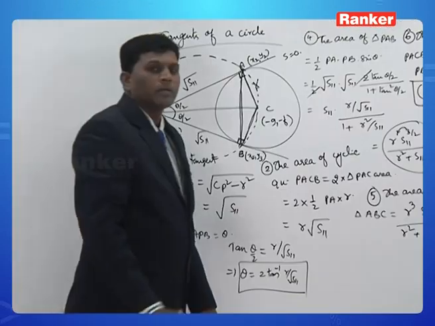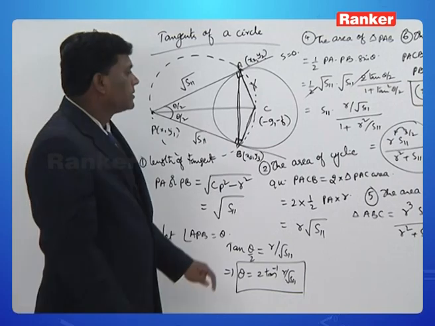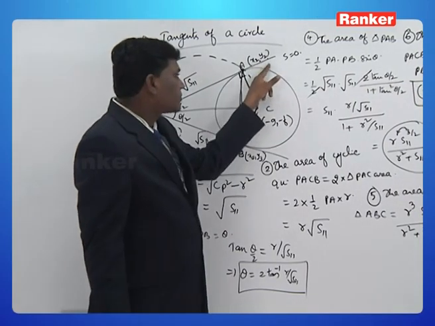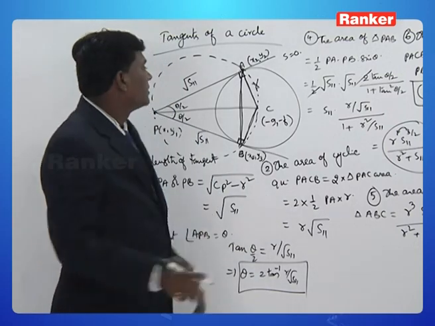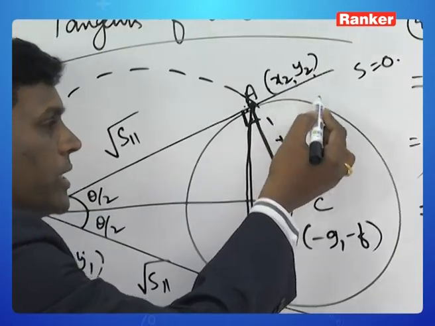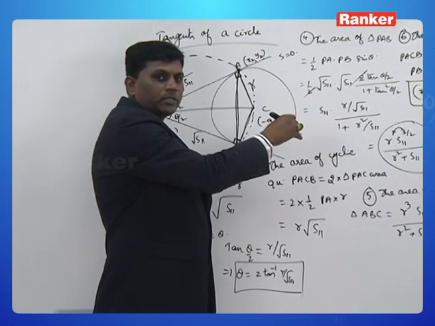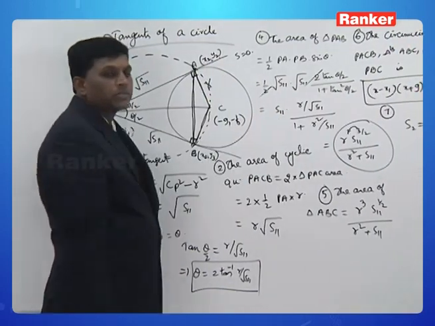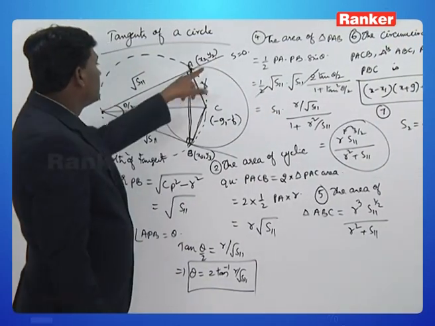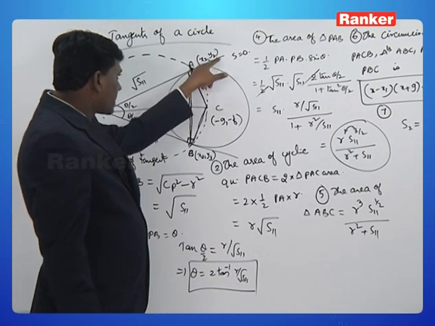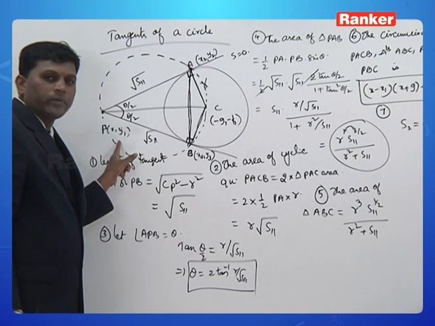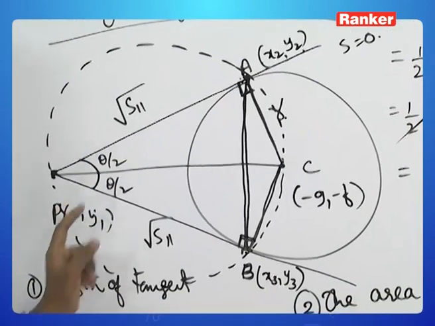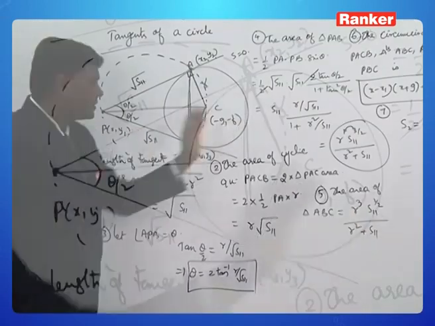Already we have derived in the last point that the tangent at x1, y1 on the circle is S1 equals 0. In a similar way, the tangent at x2, y2 on the circle is S2 equals 0. But this tangent is clearly passing through the point x1 comma y1, so this point will satisfy that line equation.